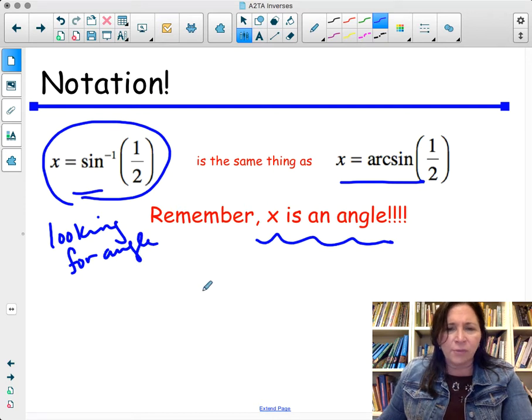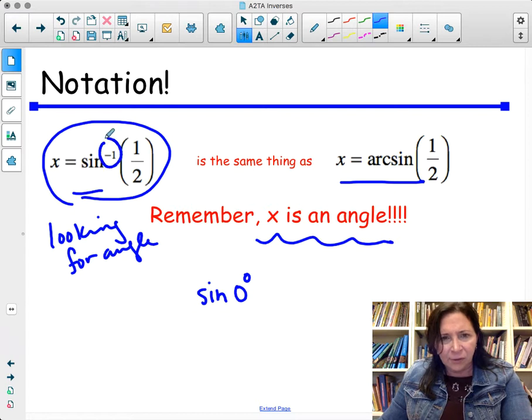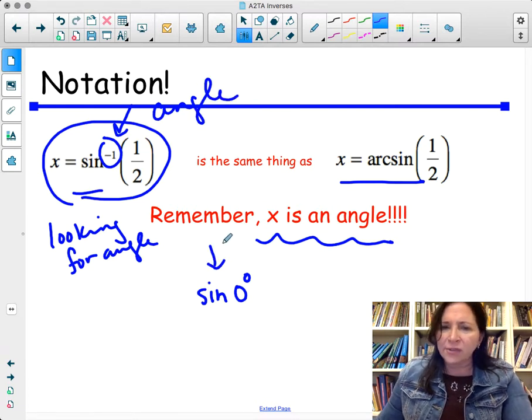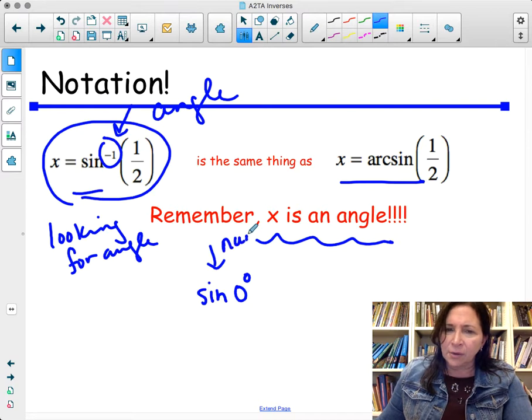So if I say, what is sine of, let's say, 0 degrees, see how I don't have that arc there? I don't have the inverse here. This is asking for a numeric value. That's a number.